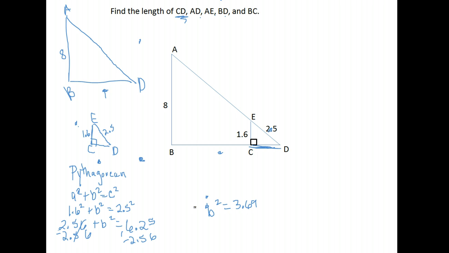When you have a squared, your final step is to take the square root of both sides. I'm going to round it off, and I get about 1.92. So the length of CD is 1.92. I've answered the first one.